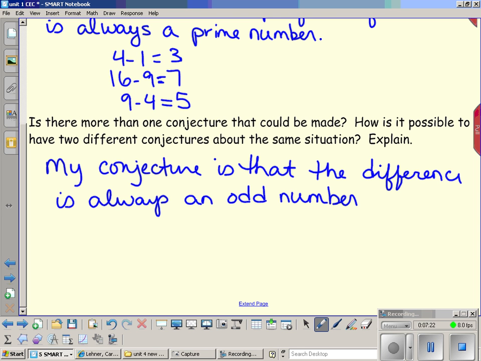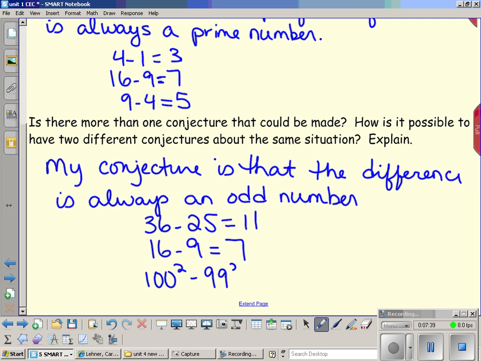We've got 36 minus 25, that's 11. We can use 16 minus 9 is 7. If we want to go even higher, if we used 100 squared and subtracted 99 squared, we would end up with 199. All of those are odd numbers.